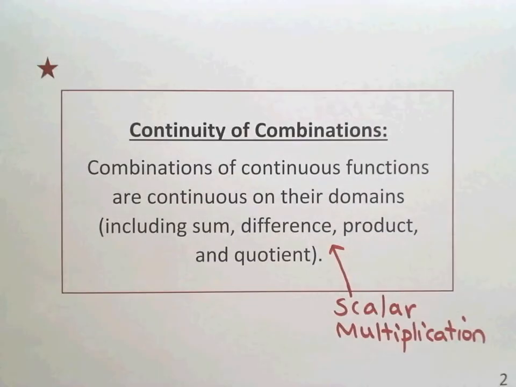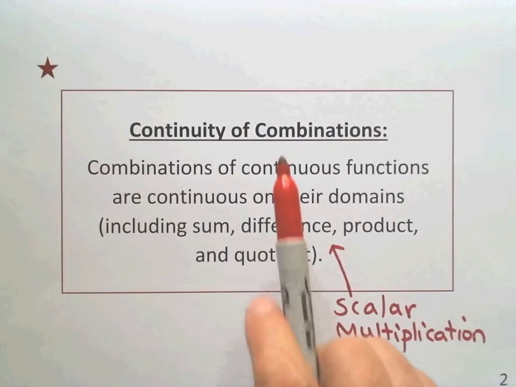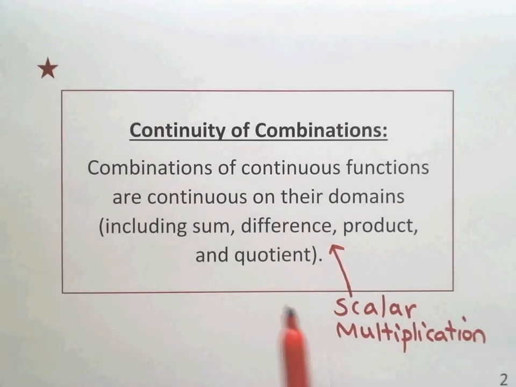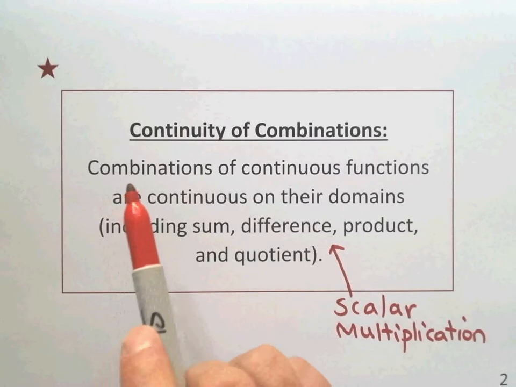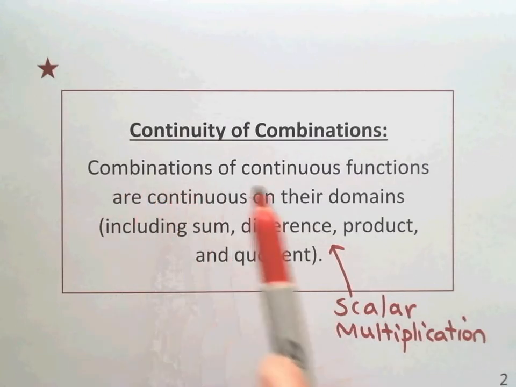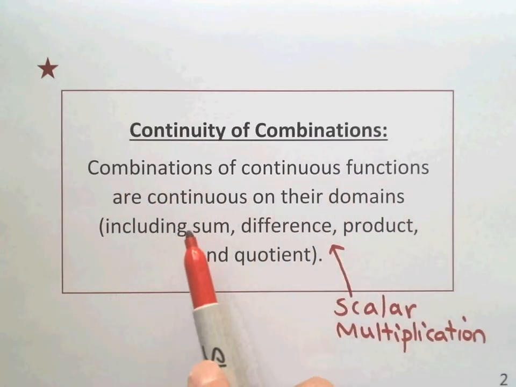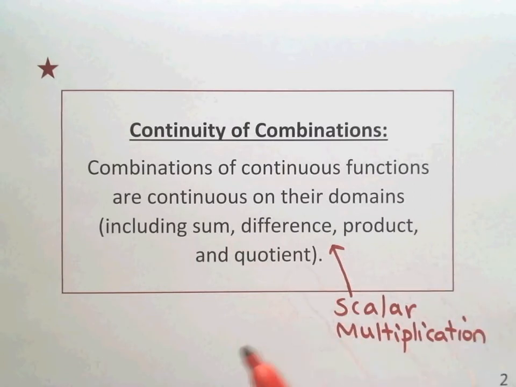This is one result that we just discussed. We call it the continuity of combinations, and it states that combinations of continuous functions are continuous. What are the basic combinations? The sum, adding two continuous functions, gives a continuous function.